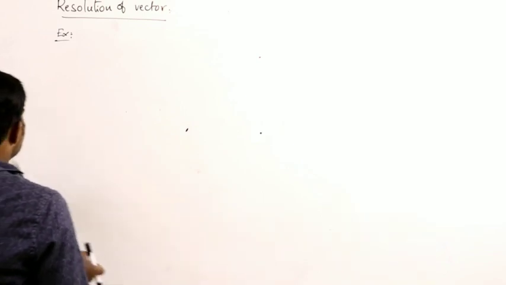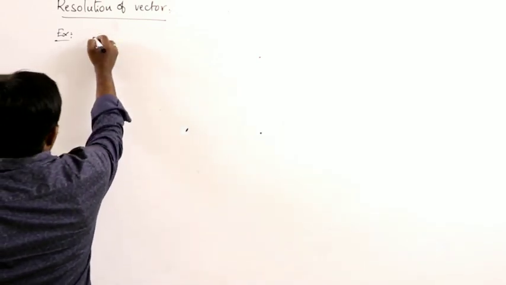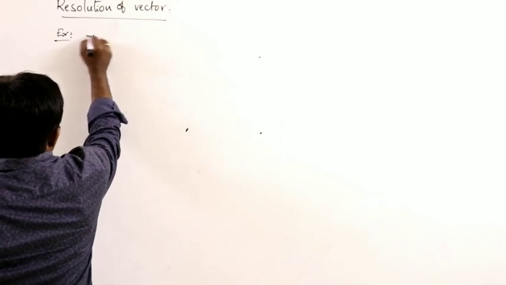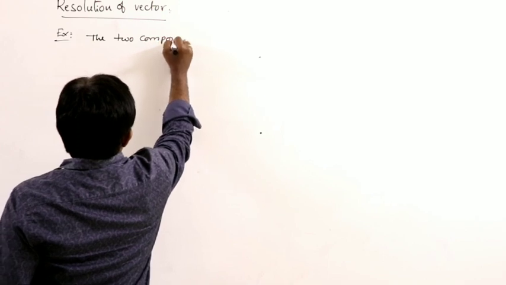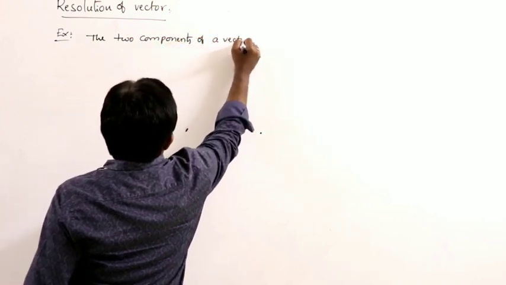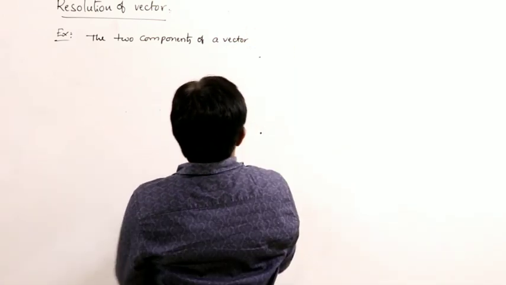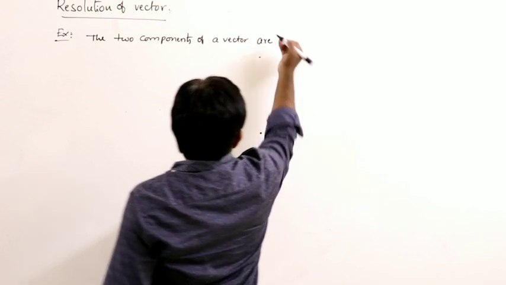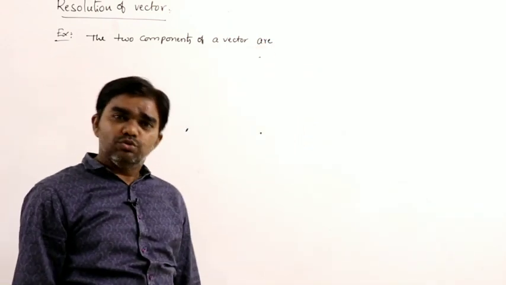Next, for example, the two components of a vector are... that means any vector can be divided into how many components? We consider two components.